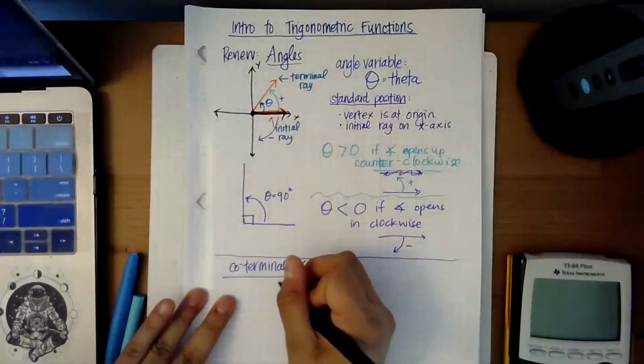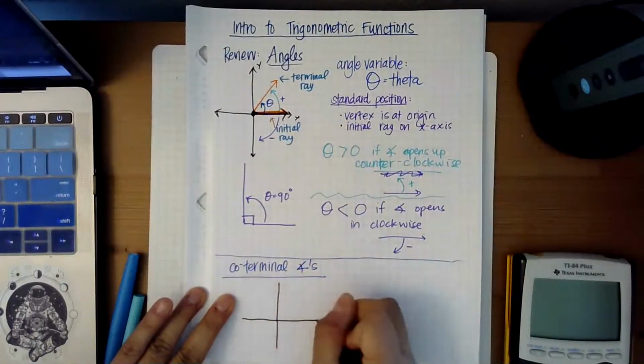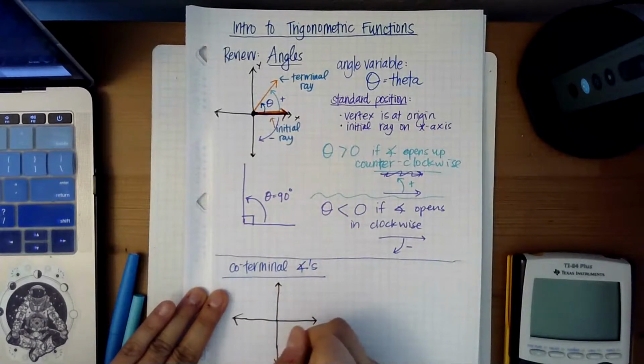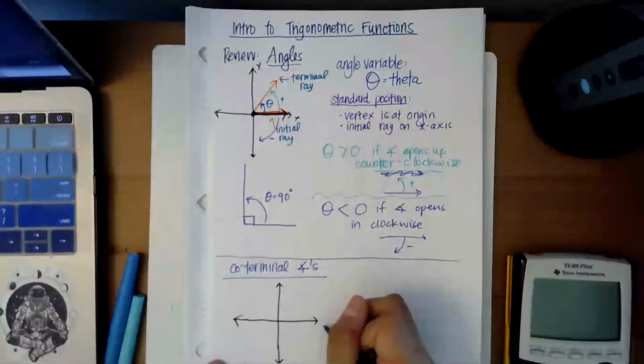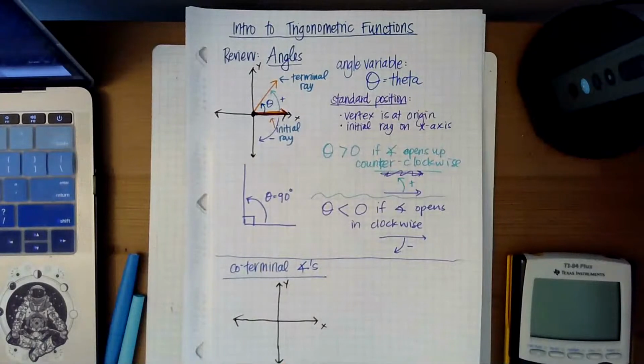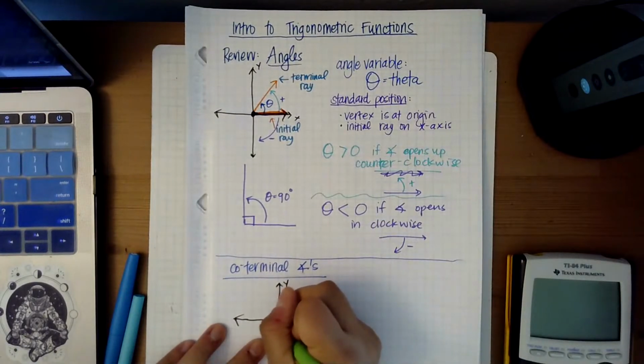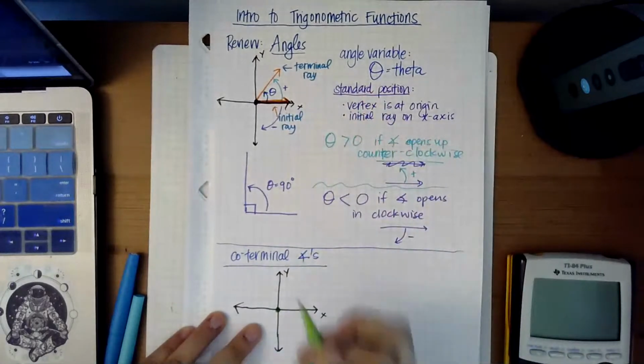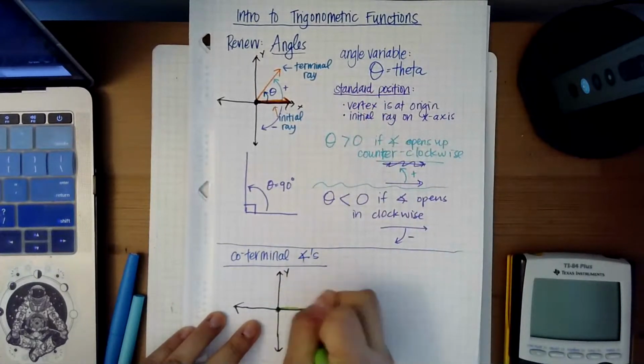So I'm going to draw another little coordinate plane, and I'm going to draw a 45-degree angle. Okay, so we're going to use intuition to do this. Okay, vertex is 0 because all my angles for this intro are always going to be in standard position. So here's my first angle.